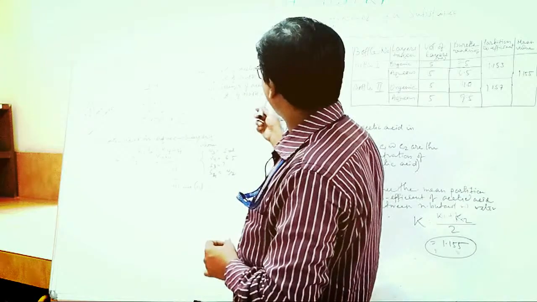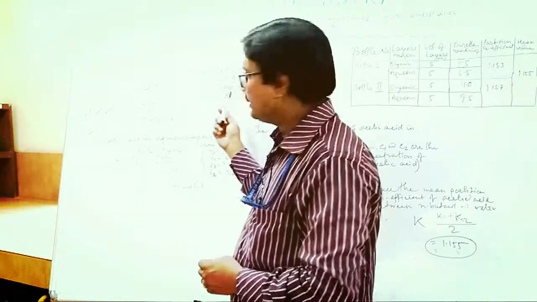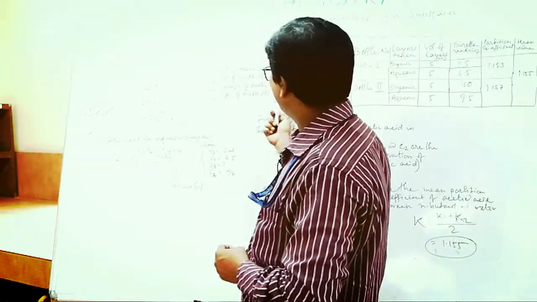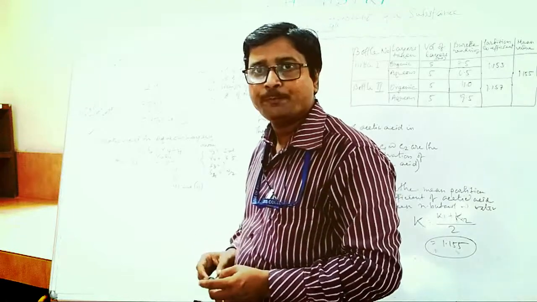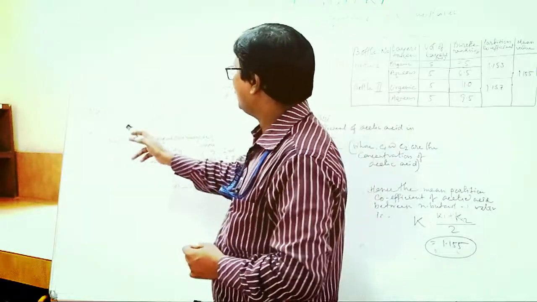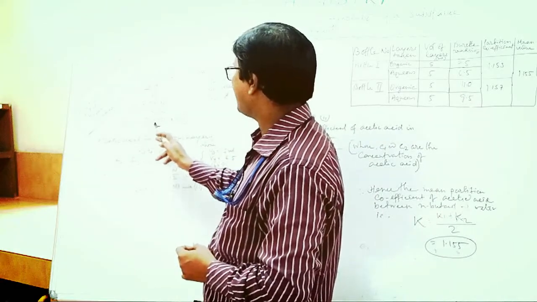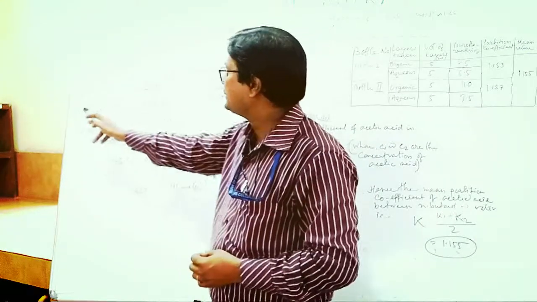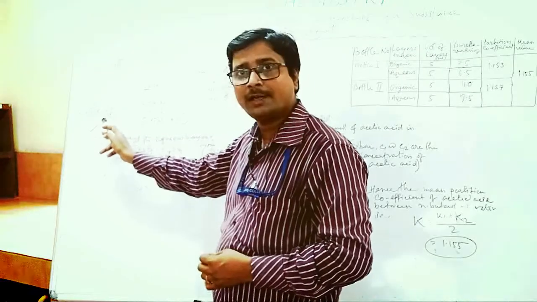Then S1 is the strength of acetic acid, that we have to determine. The strength of NaOH, S2, is N by 2, which is supplied. Now we put in the values and we will get S1, that is 0.75 normal. That is the strength of acetic acid for the organic layer.